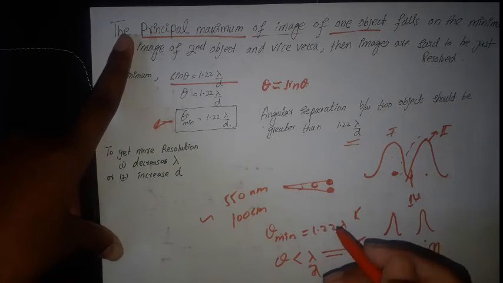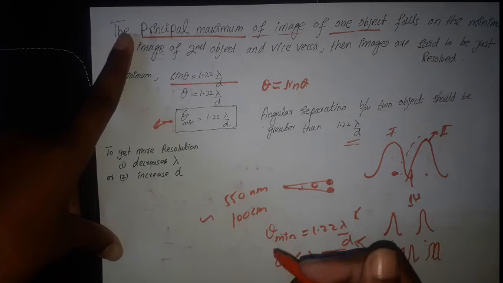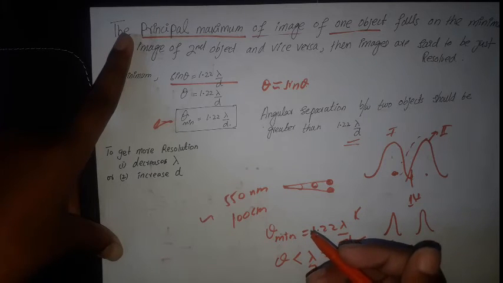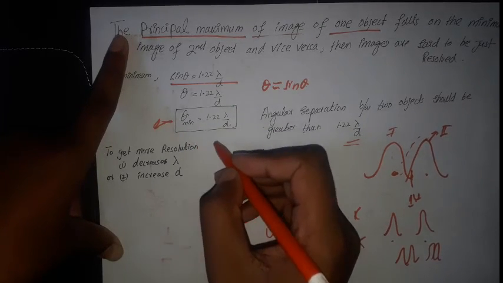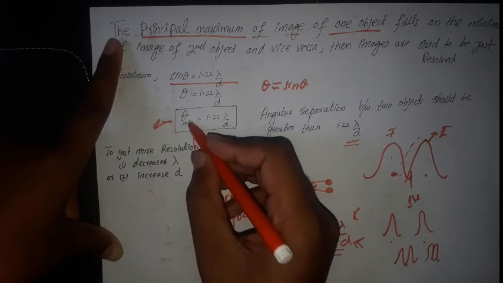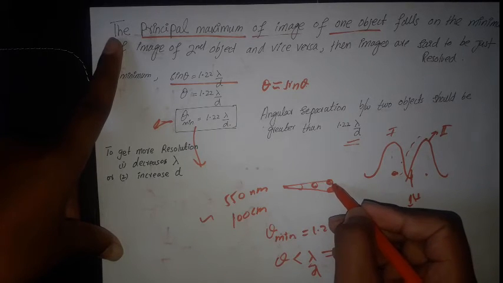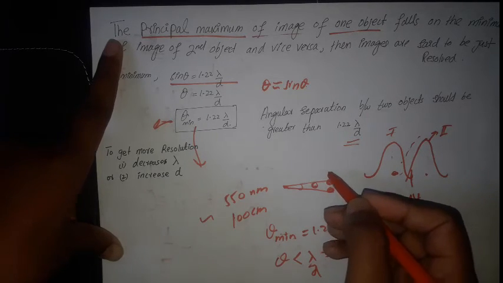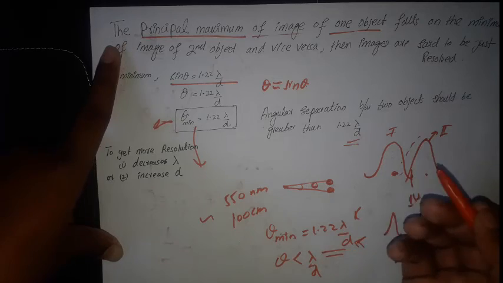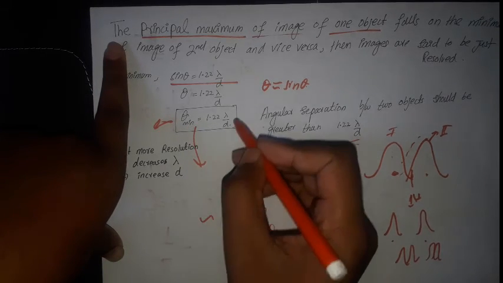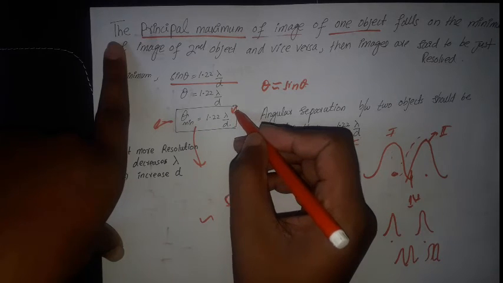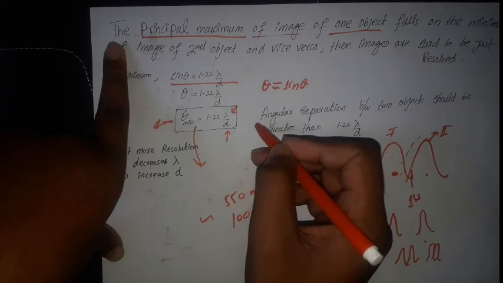That is the reason we sometimes use the electron microscope instead of an ordinary microscope. In order to get more resolution, we need to decrease this theta. If theta is very small, then we can distinguish very closely spaced objects. So we need to decrease theta minimum, and that can only be done if lambda is decreased or d is increased.